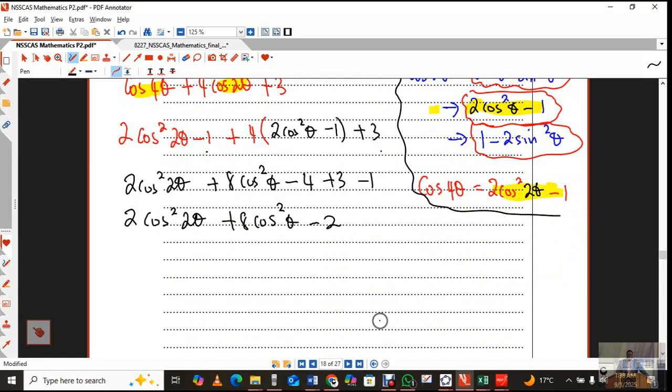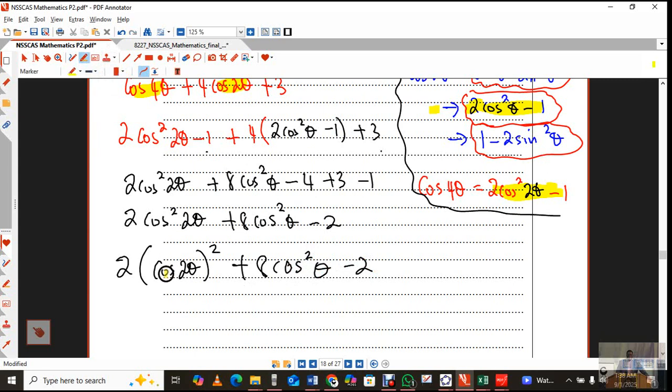Now, one more thing that I can do, I can write this cos 2 theta like this. That's what it is, right? Plus 8 cos square theta minus 2. Then I'm again back here.